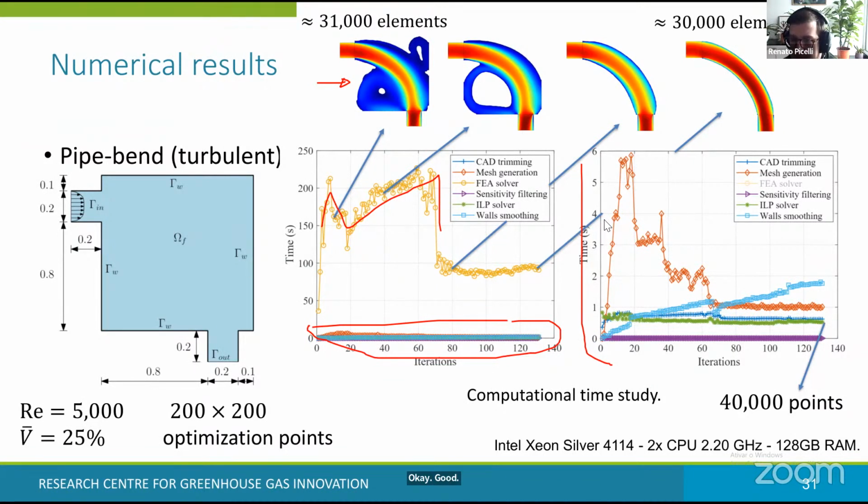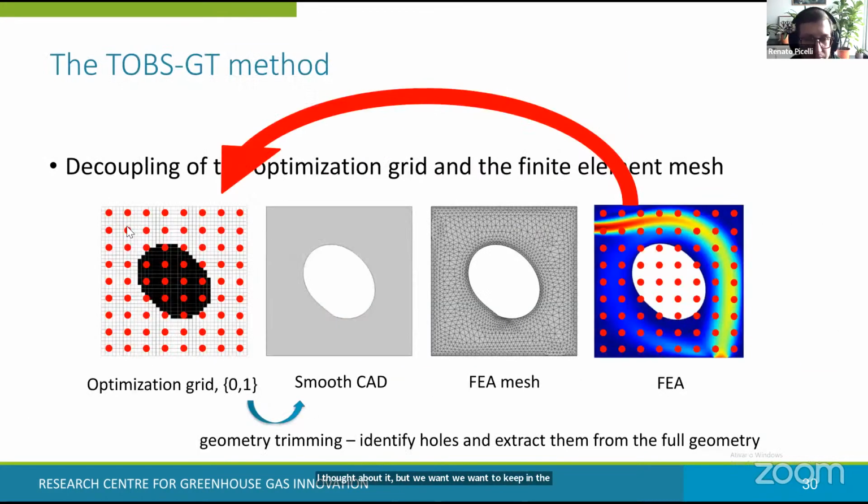Why not use a level set? Am I attached to the 0-1 solution? No, not exactly. I could actually. I thought about it. You guys gave me that suggestion when I visited you. But we want to keep the digital approach. We want to keep turning on and turning off pixels.